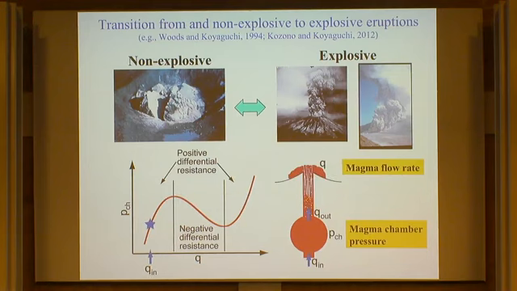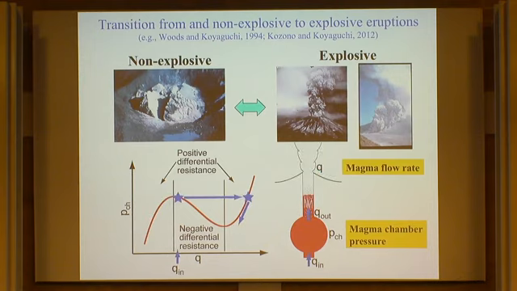And for example, if we think about the magma chamber surrounded by elastic rock like this, then magma is supplied from the deeper part by Q in. Then pressure increases, and as pressure increases, magma flow is driven like this.